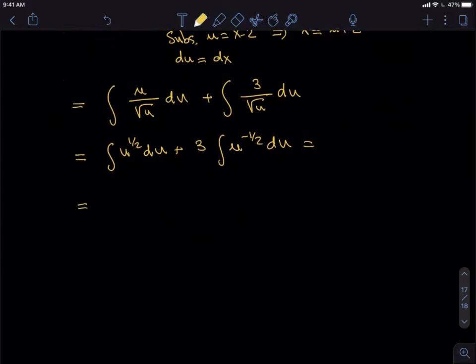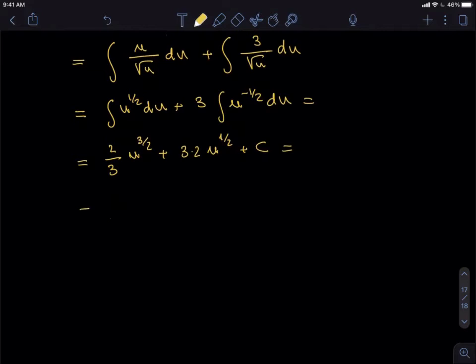So this is u to the 3/2 times 2/3 plus 3 times u to the 1/2 multiplied by 2 plus c.